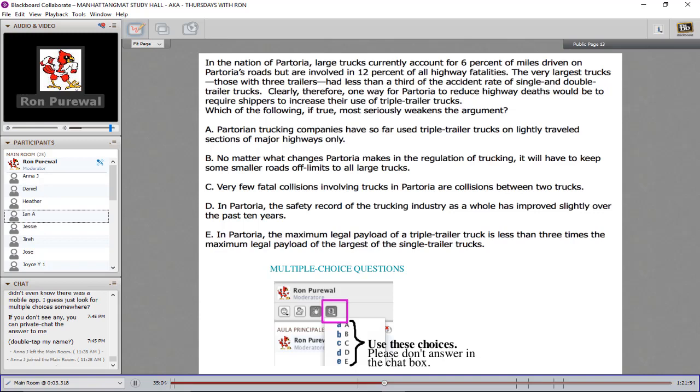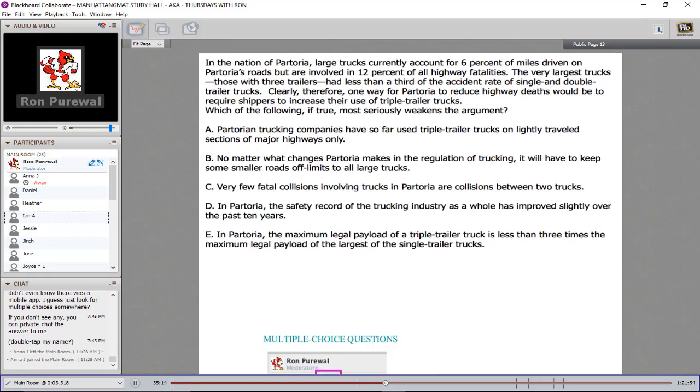Let's take a look. So we need to translate these words.